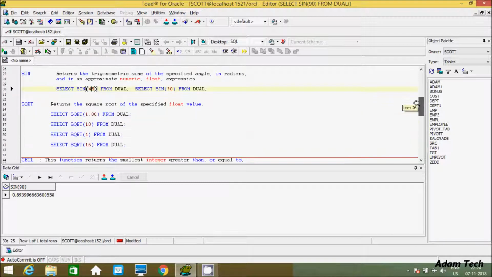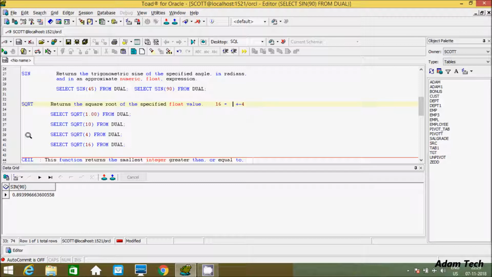Now next is the square root function. Mathematically, the square root of 16 is plus or minus 4.